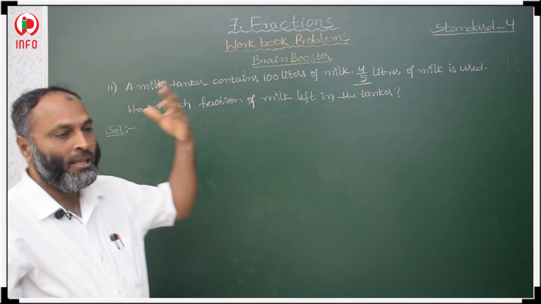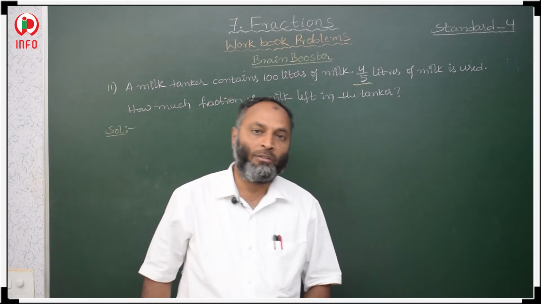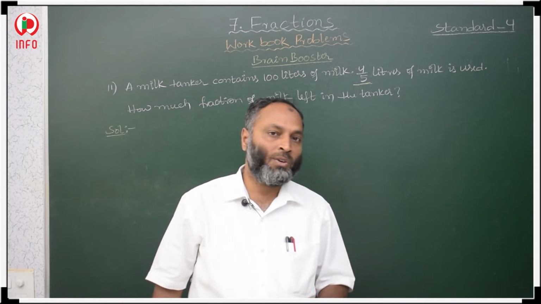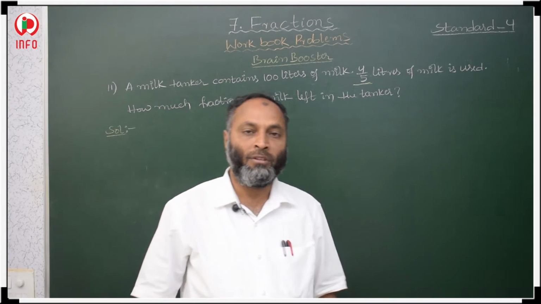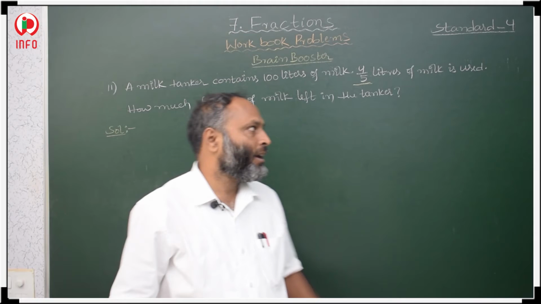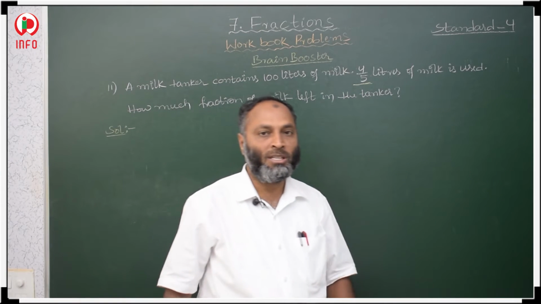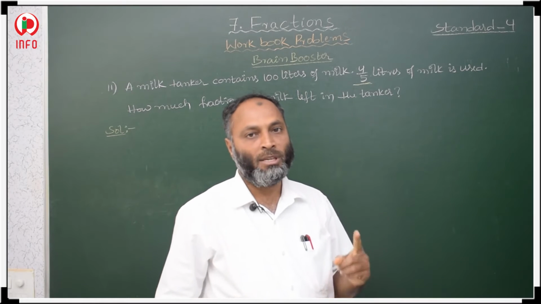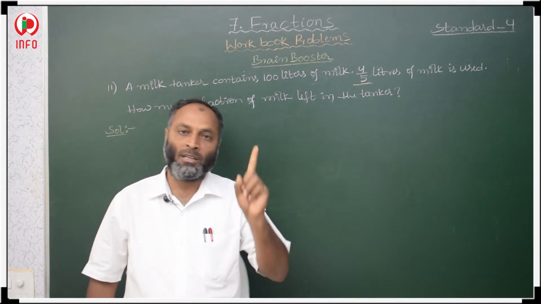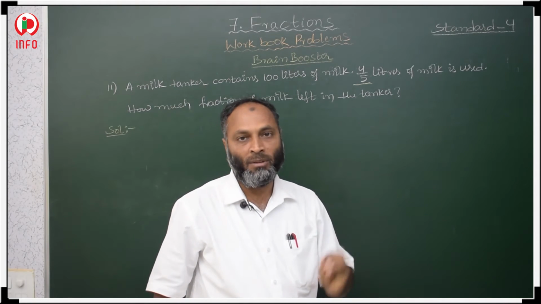So here, in the tanker, whether it is 100 liters, 200 liters, 300 liters, whatever it is, whenever we are going to find the fraction of milk left, we have to consider the total milk in the tanker as 1 unit. Then from that 1 unit, 4 by 5 liters of milk is used. To find how much is left, we have to subtract 4 by 5 from 1, and then we get the fraction of milk left.